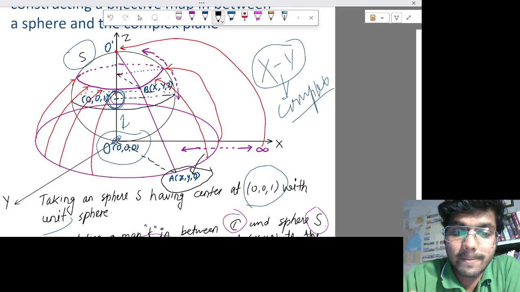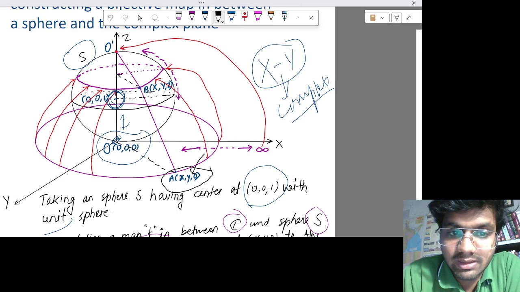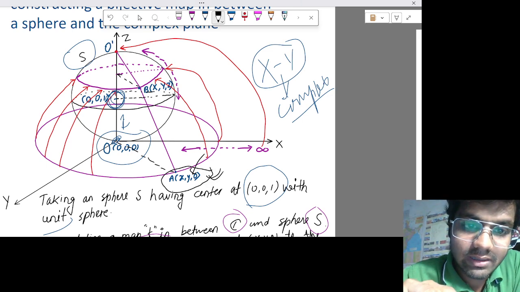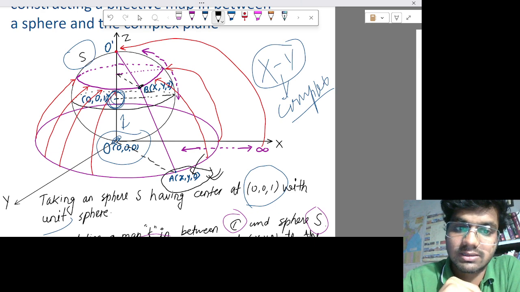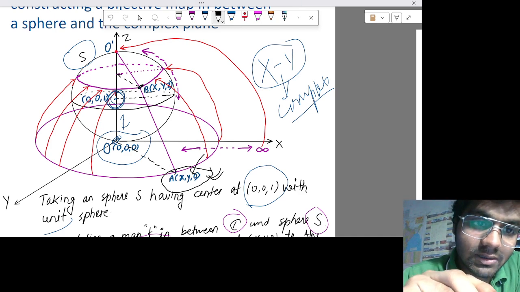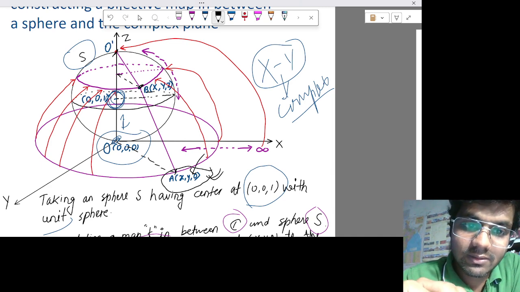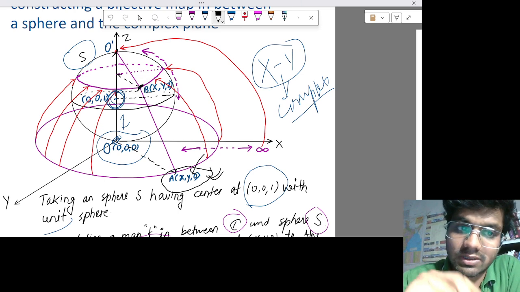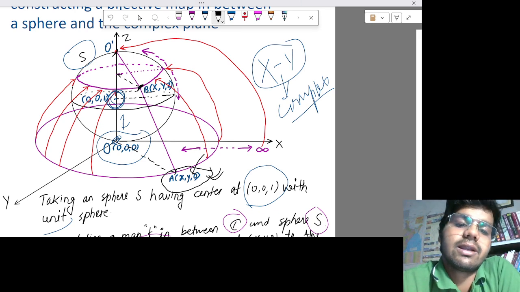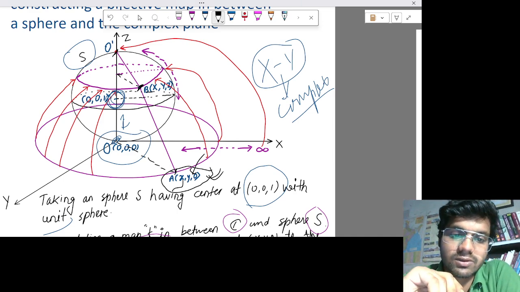The function is constructed in such a way that this point A will go to a point B on the sphere S: when we join this point A and the vertex point O dash by a line, it will cut the surface of S at a point, and we call this point B. So we just send A to that point.